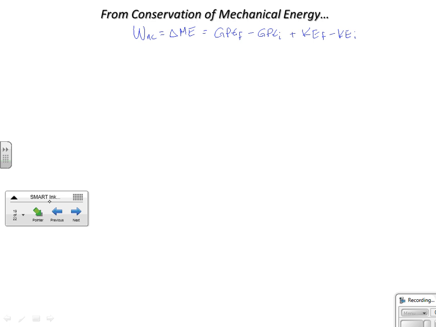So I'm going to write this W_NC like we did before as delta P times V. Well, this is mgh final minus mgh initial, right? Talking about depths of fluids. Here, 1/2 mv final squared, v for velocity, speed of the fluid, that is, minus 1/2 mv initial squared.